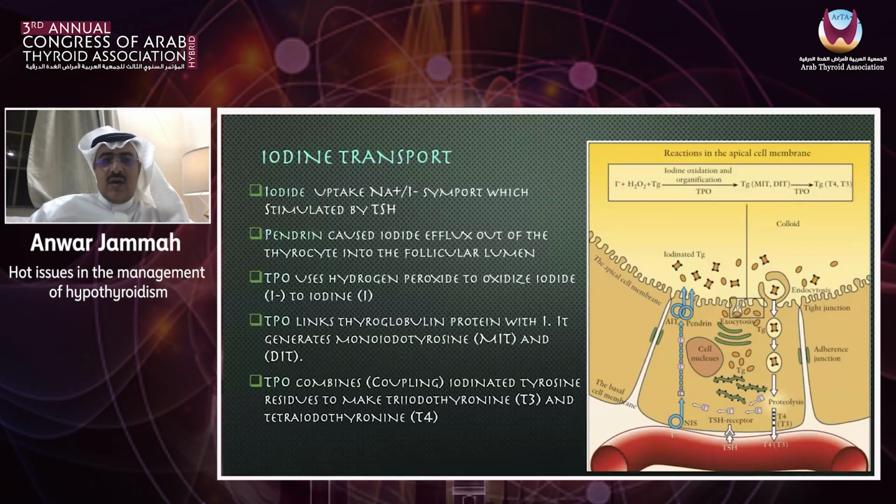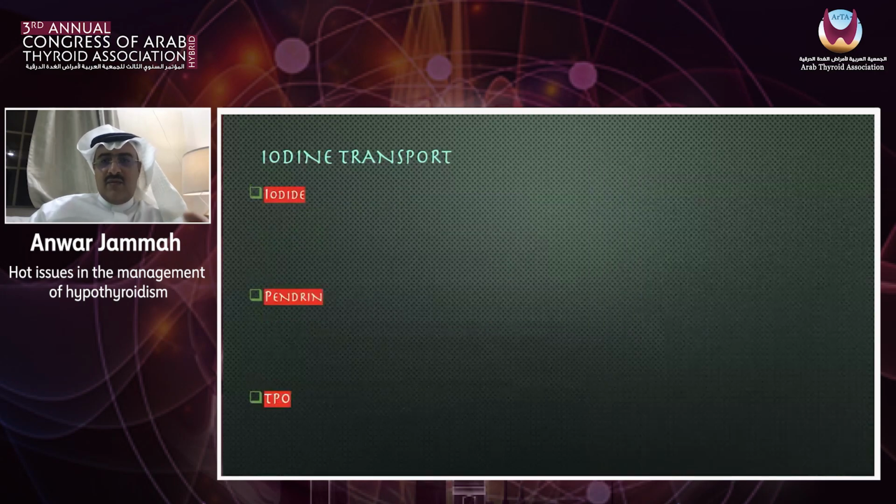Then TPO uses the iodine: it oxidizes it and links it to thyroglobulin and makes the coupling. You know this physiology from before. So any problem with any one of those steps causes hypothyroidism.